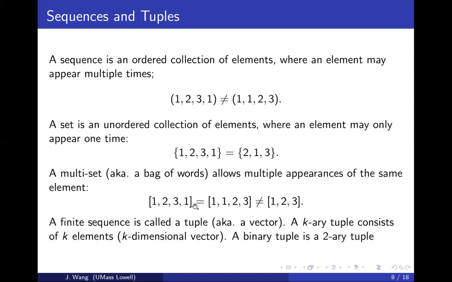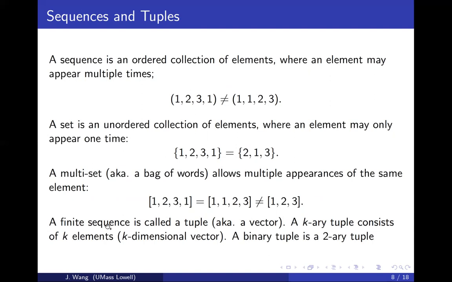So 1, 2, 3, 1. This 1 appears twice, so this is not equal to 1, 2, 3. But it's not ordered, so if you put 1, 1, 2, 3, this is the same as this. So these are three different objects: sequence, set, and multi-set.